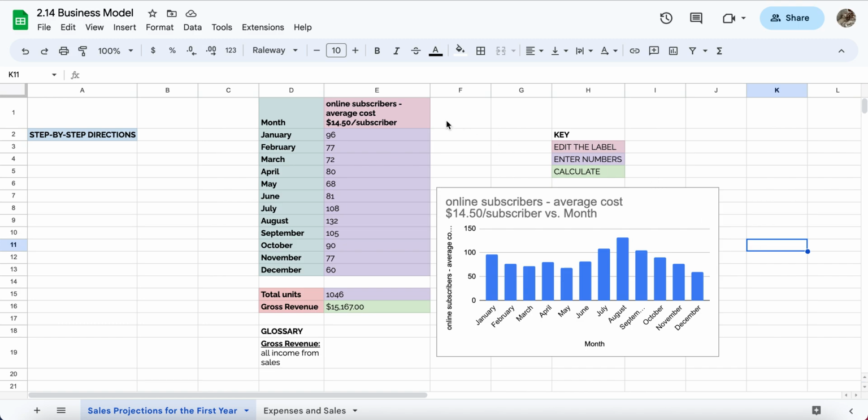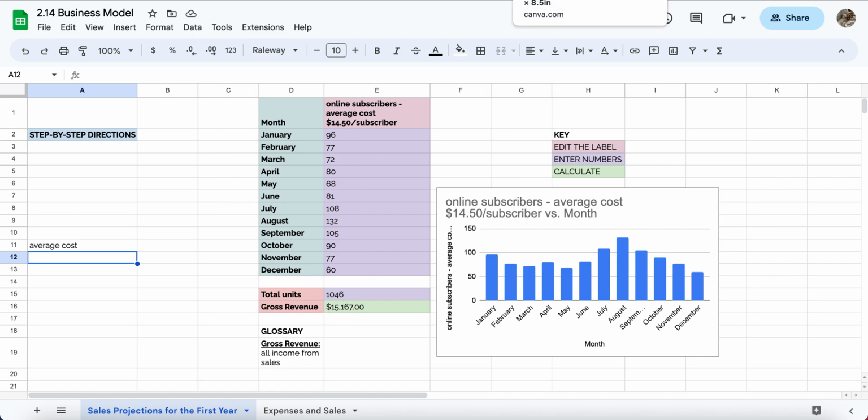I do want to just go back for average cost here. If you wanted Google Sheets to help you calculate average cost, you could just come over here to any other cell and go through the same process that we've done over here.